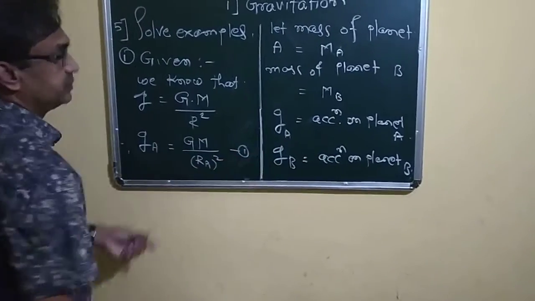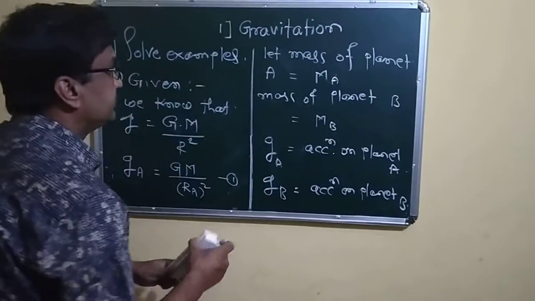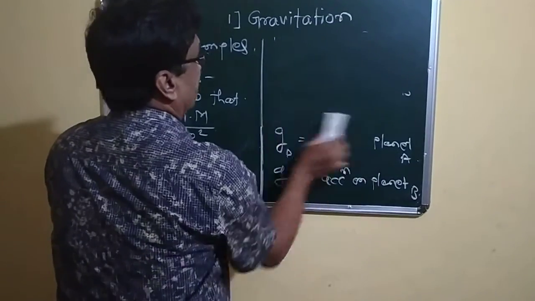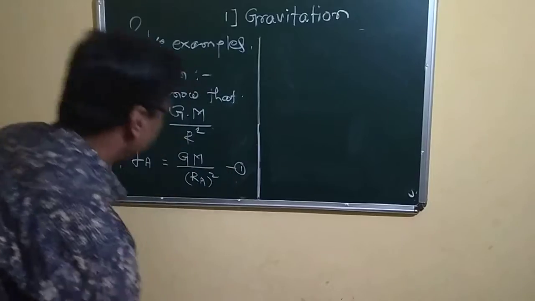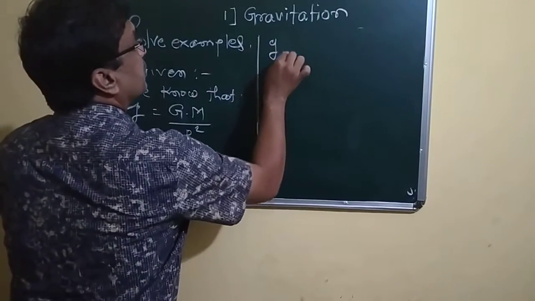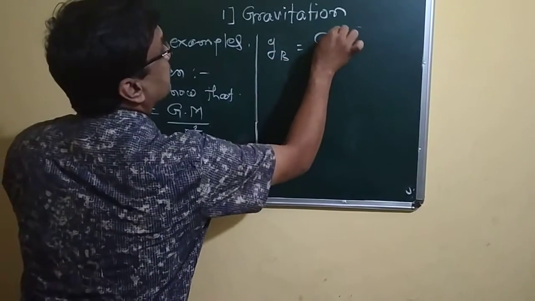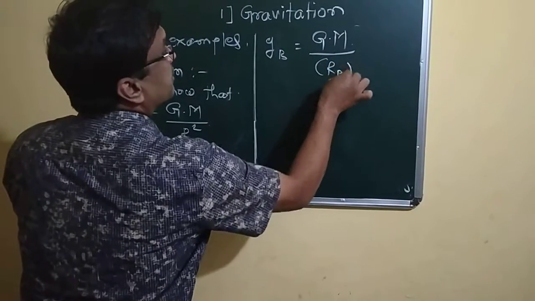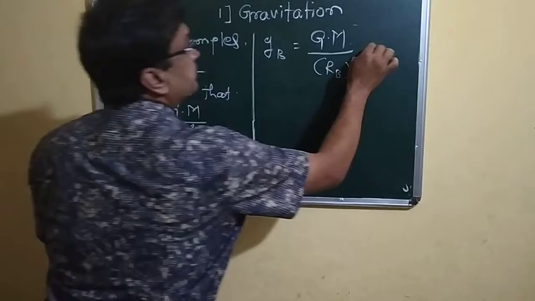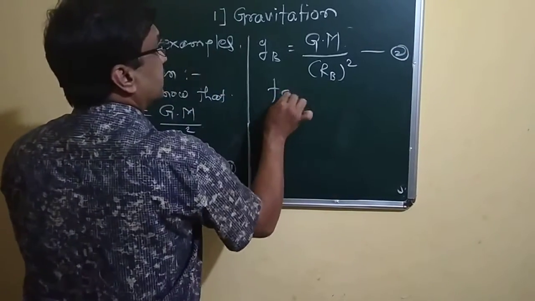This is the first one. And the second one, gB is equal to capital G capital M upon RB square. Okay, taking ratios.